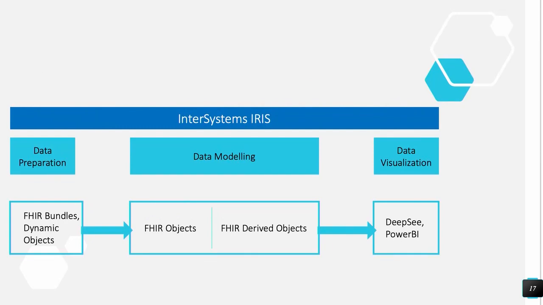So the big picture in terms of modeling, what do we need to do? We start off with capturing data. This is the interoperability stage or the data preparation stage where we take those FHIR bundles in, we convert those to dynamic objects, and then we need to capture them as true FHIR objects using our R4 schema.